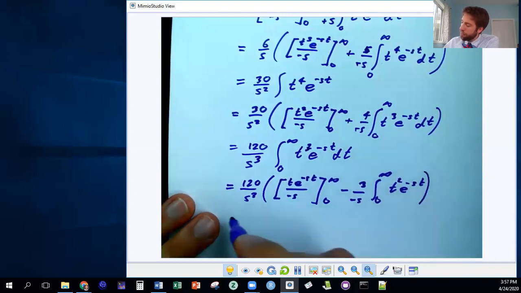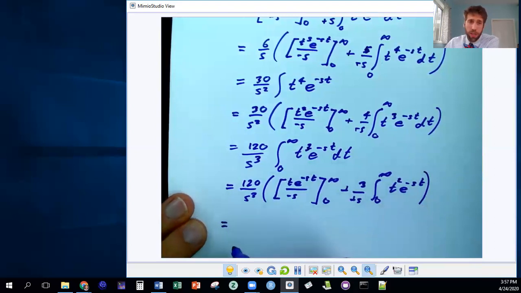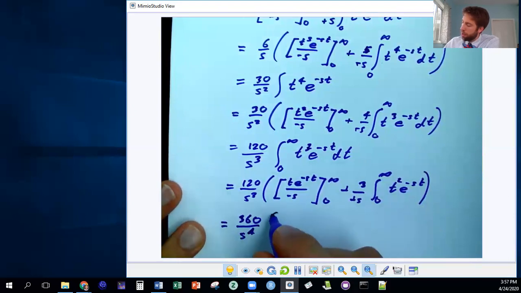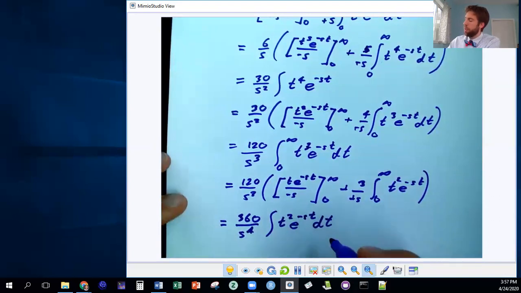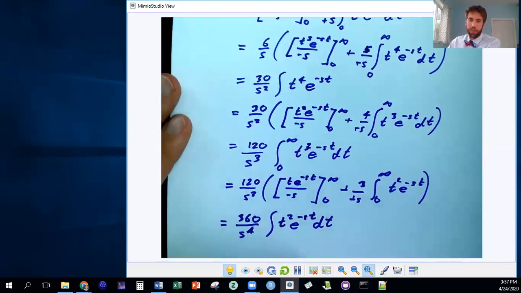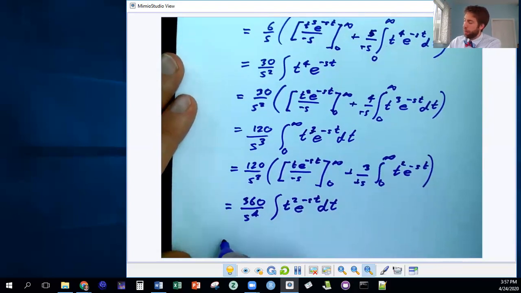All right. So negative is positive. So 120 times 3 is 360 over s to the 4th times integral t squared e to negative st dt.